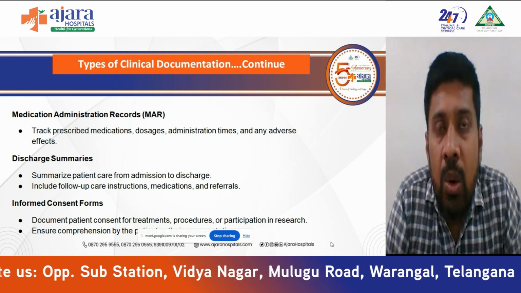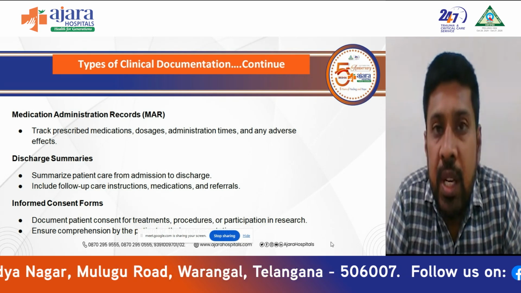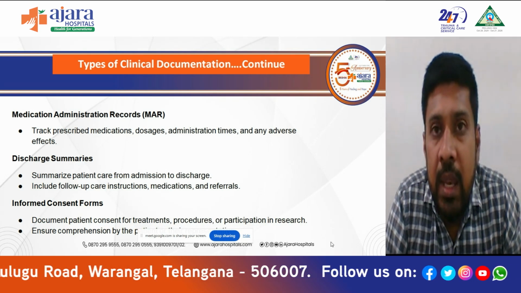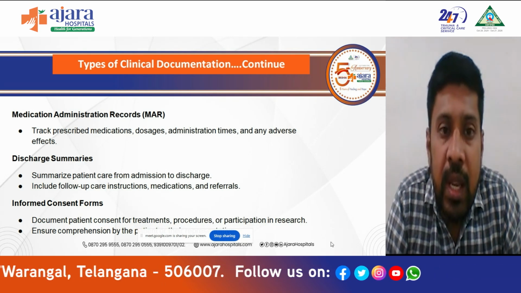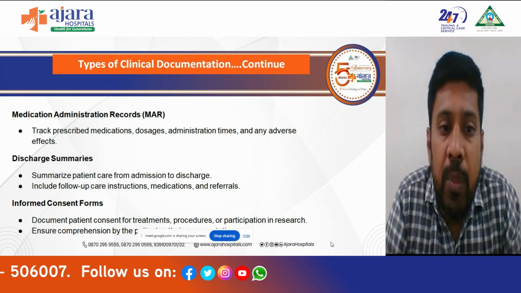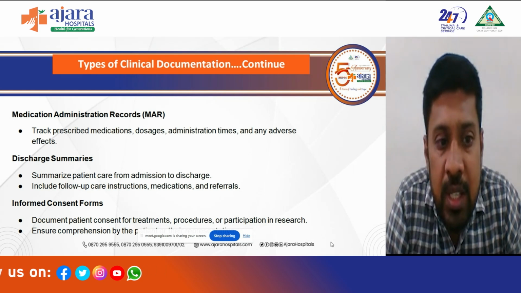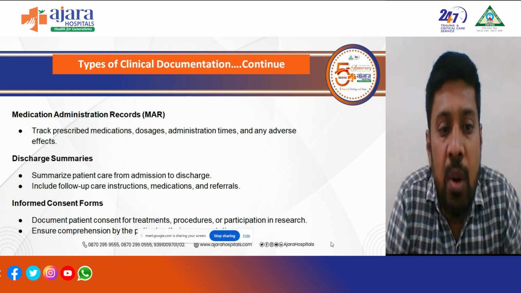From admission to discharge, how the patient's condition improved, any medication changes, or any health changes that happened in the hospital, the whole course of the patient's hospital stay is included in the discharge summary. Next is informed consent.